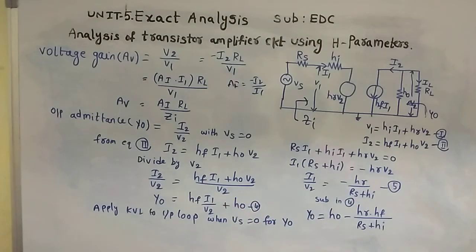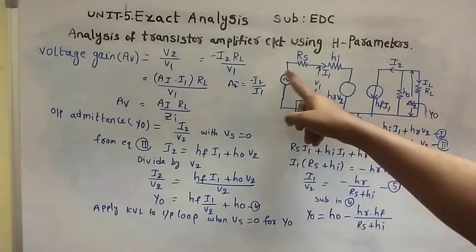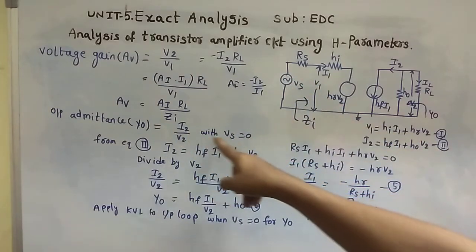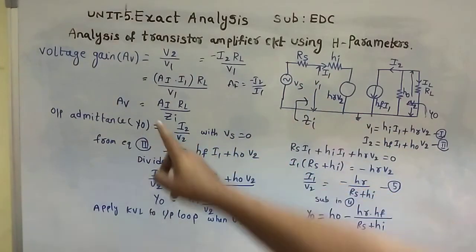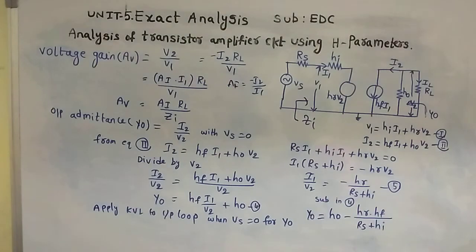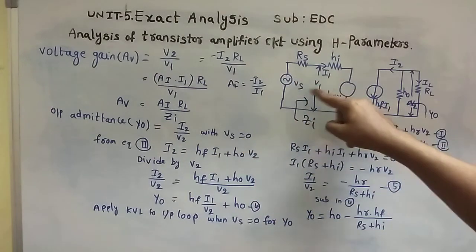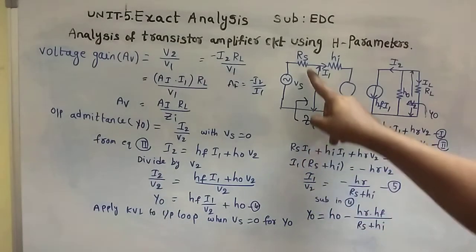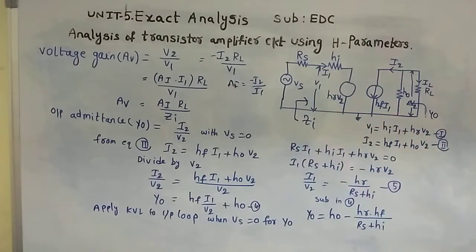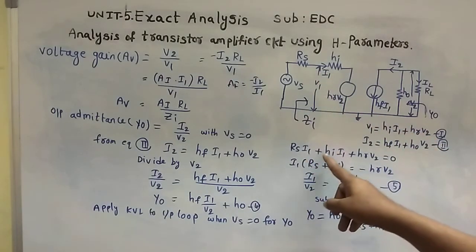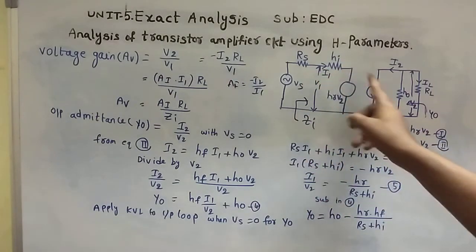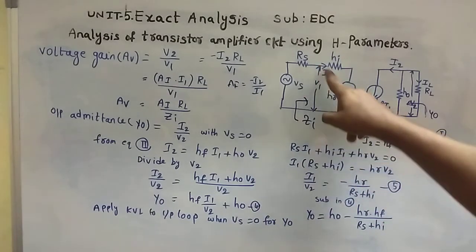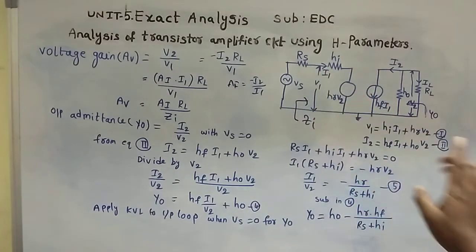To find that, when Vs is equal to 0, we are going to calculate the output admittance. So when Vs is equal to 0, apply KVL to the input loop. Then Rs into I1, the current flowing through this being I1, plus Hi into I1 plus Hr into V2 is equal to 0.